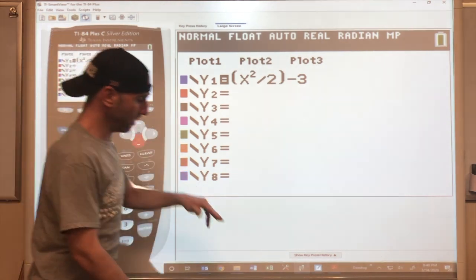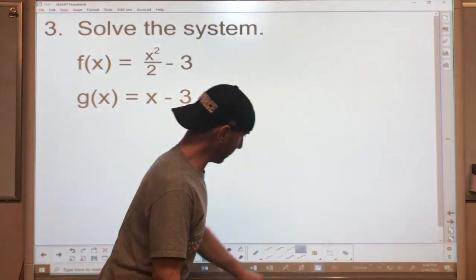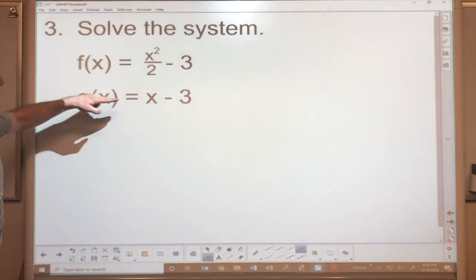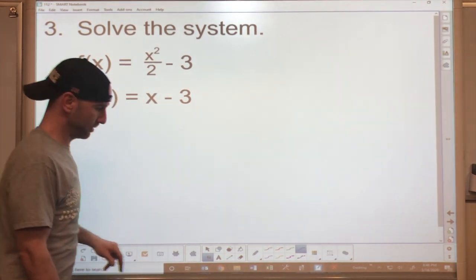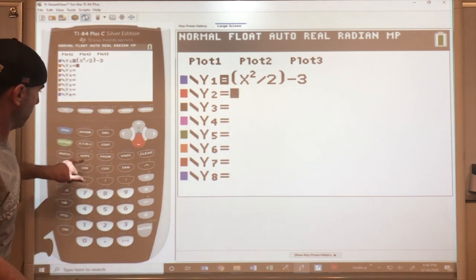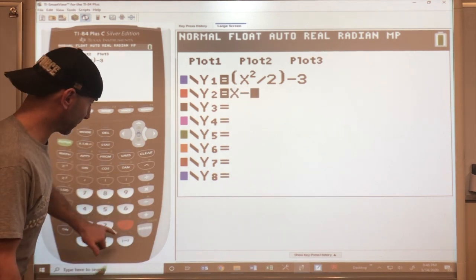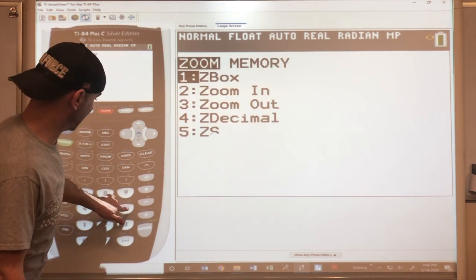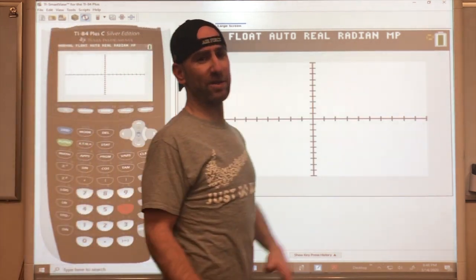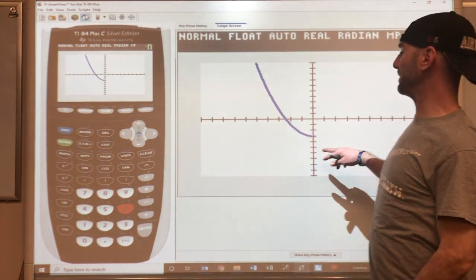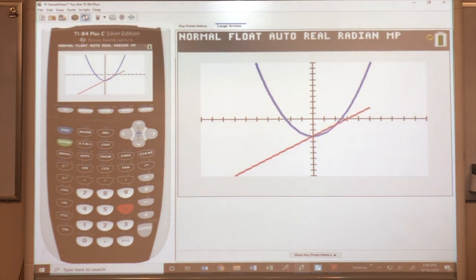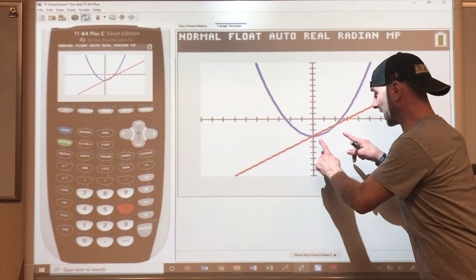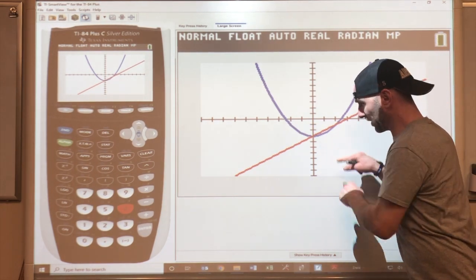Then drop down, enter y2. The linear portion, x minus 3. Hit zoom 6 just to make sure your window is good, and you'll see your parabola coming through, and then your linear equation as well. Okay, this gets a little tricky, but you gotta go find those 2 intersection points.